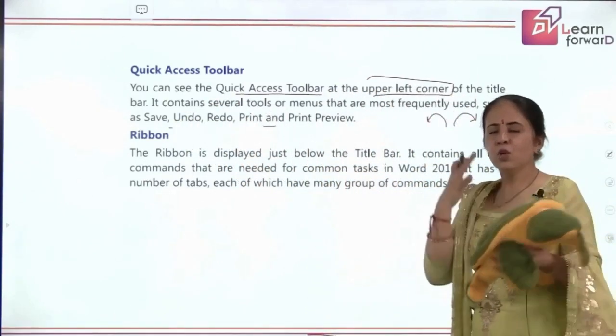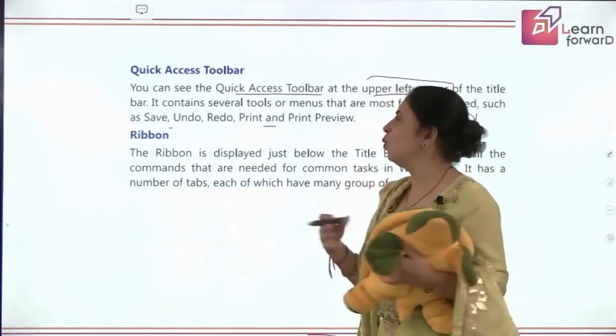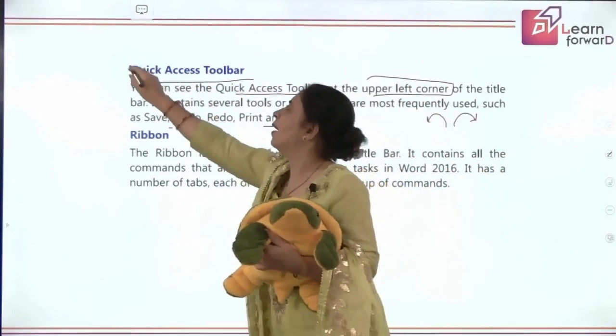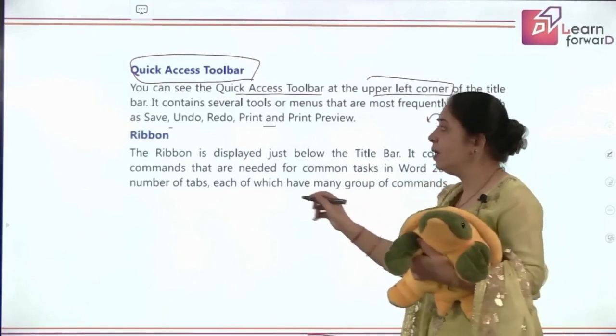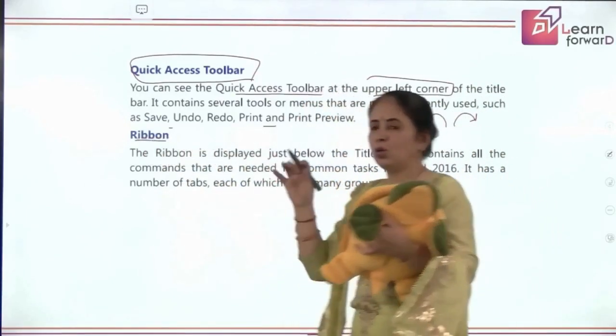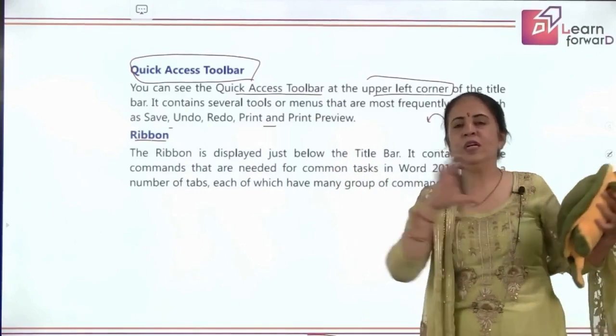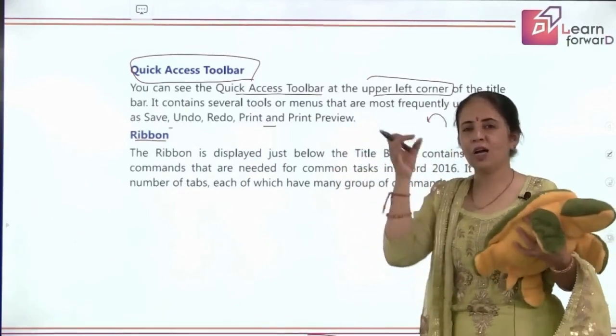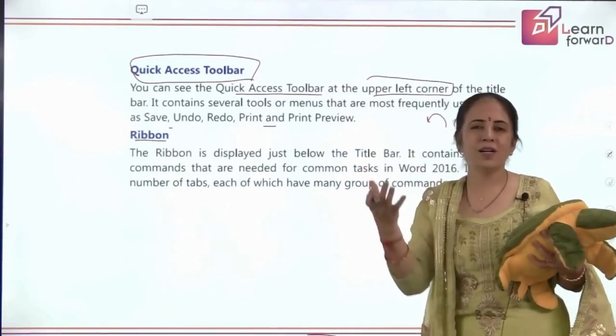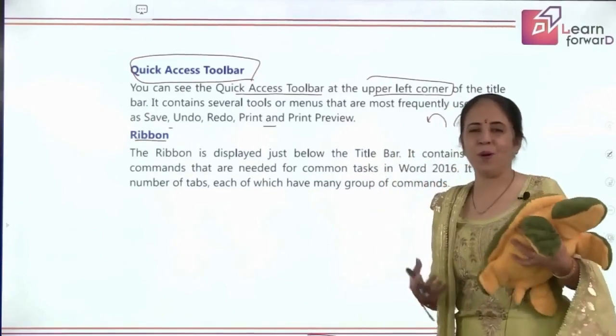Whatever work you want to do quickly, we add in the quick access toolbar. And the ribbon exists on the top, which consists of a series of small icons which are just clicked and your work is done so quickly, so promptly.